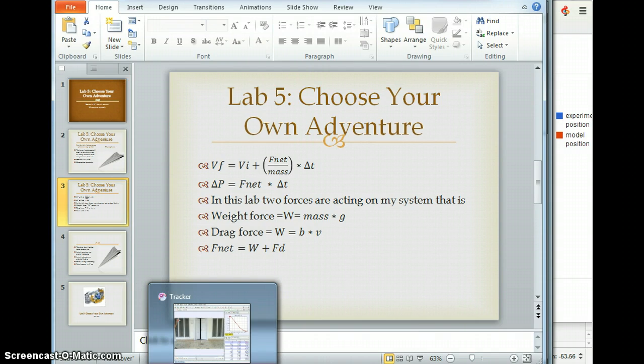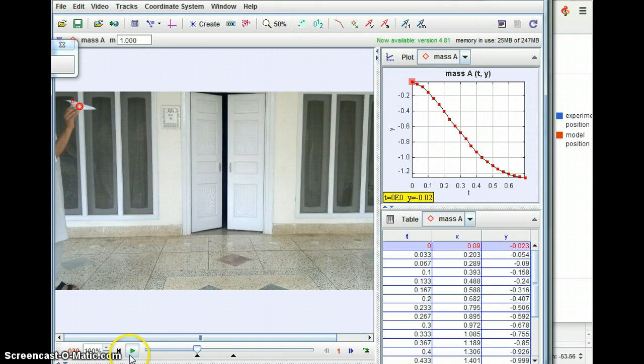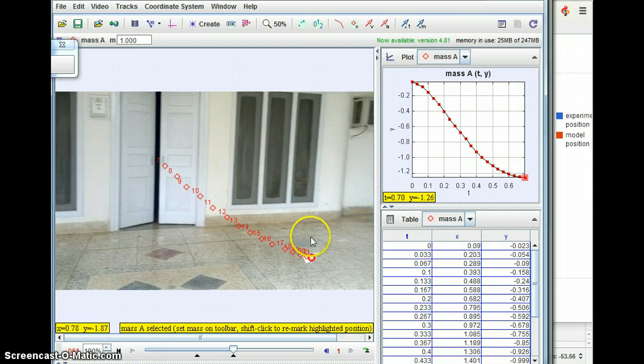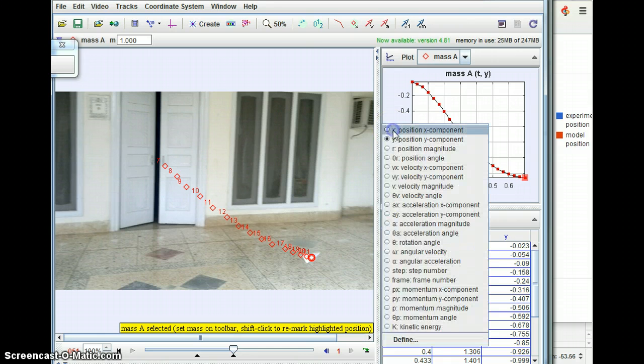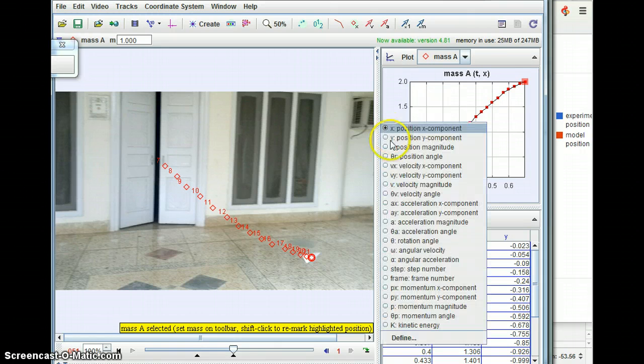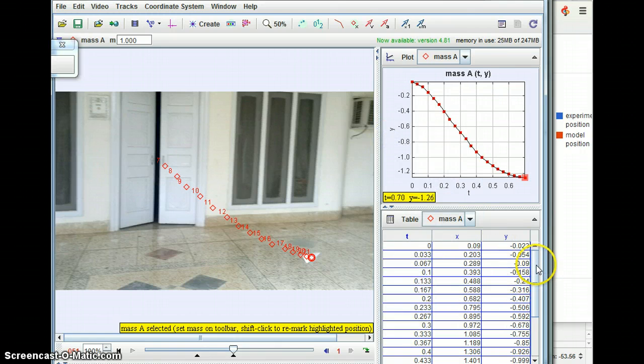We performed an experiment on a paper plane. By using Tracker, we collect the motion data. On the left corner, we see the position of the paper plane on the y-axis, and here we see the position of the paper plane on the x-axis. The total time is 0.7 second.